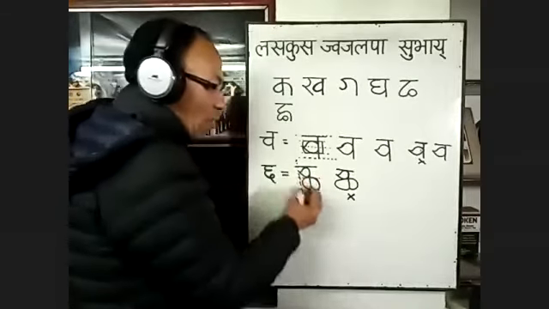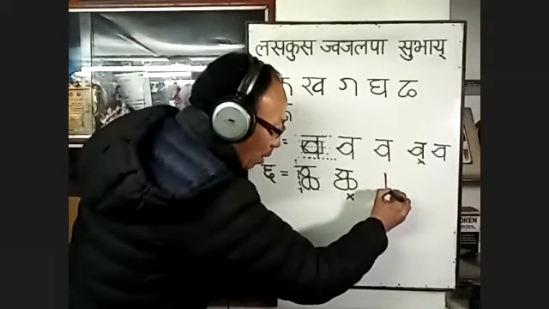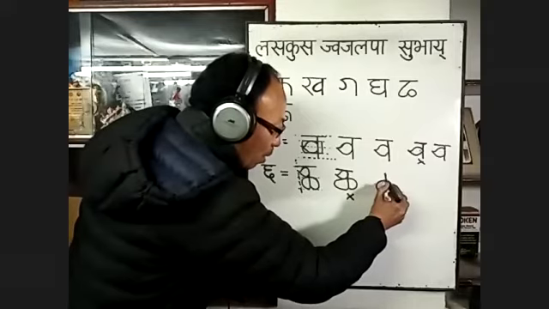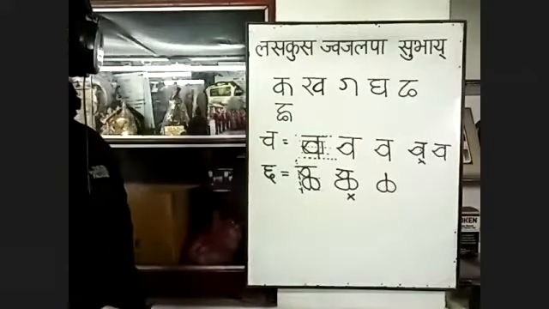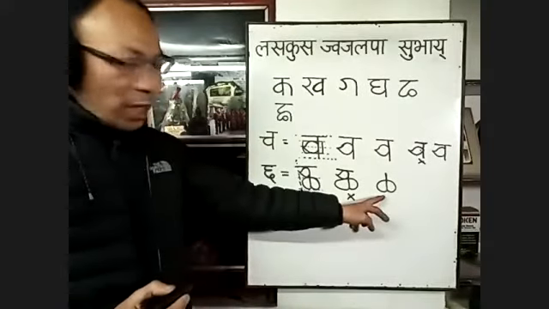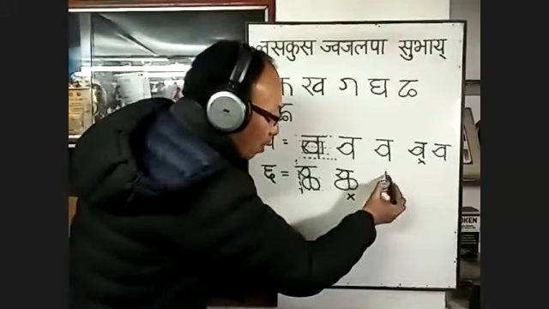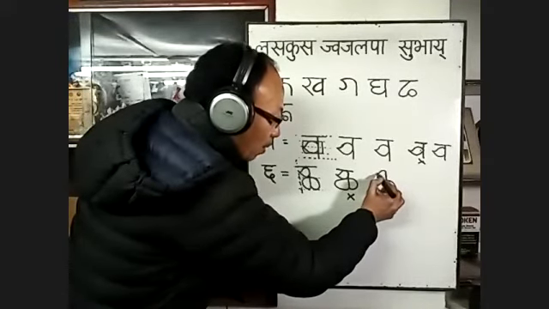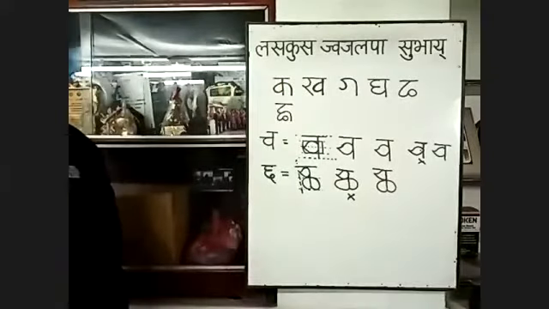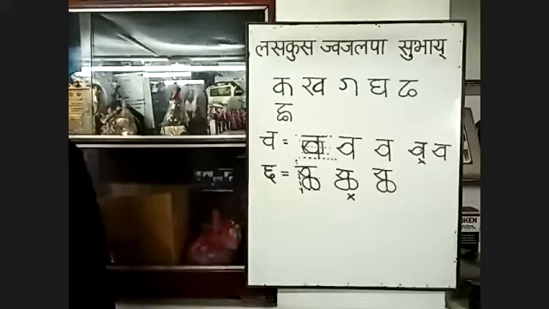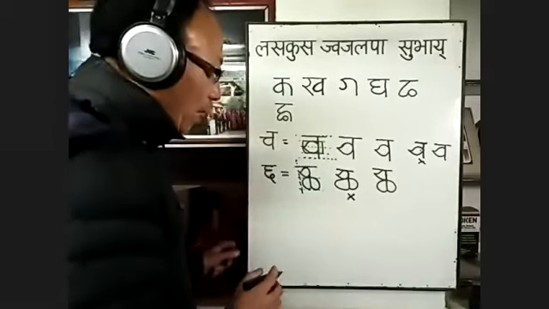So to understand how to write it, you can write it like this also. First, you draw a line from here and then do this thing. First, you do this kind of shape, and then give here, and this is cha. So it is written with these two strokes actually.